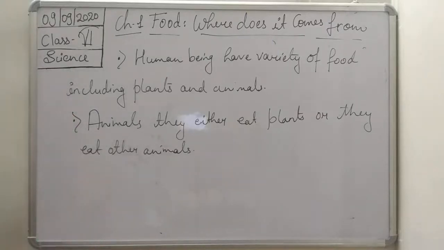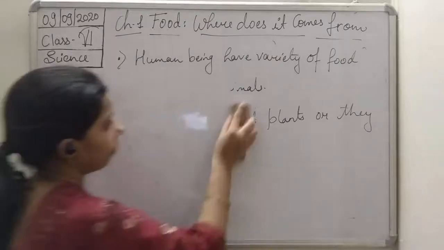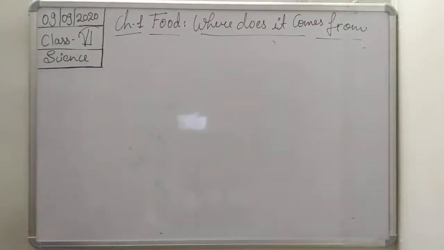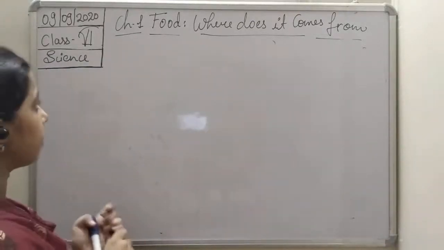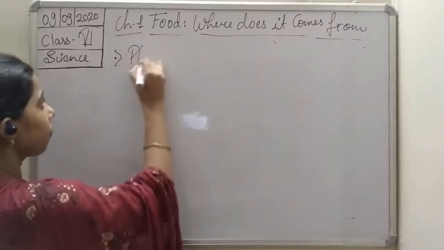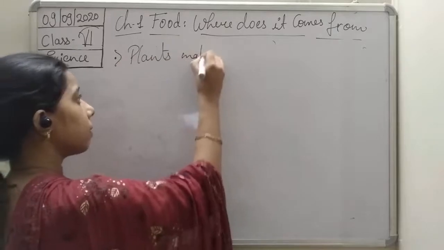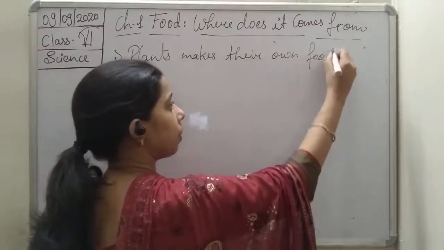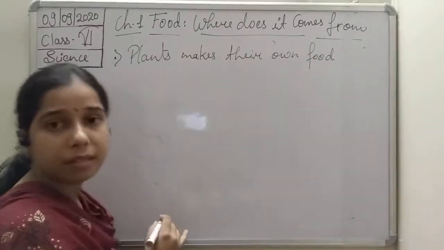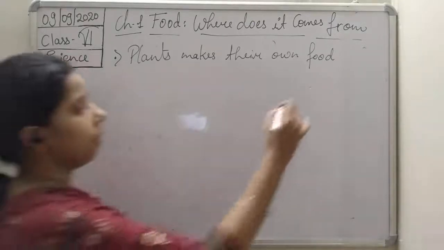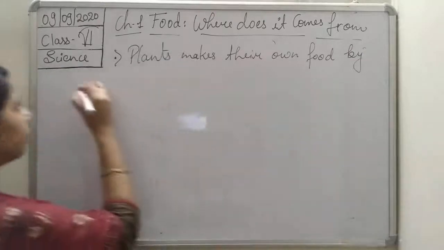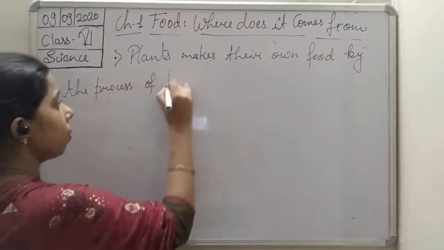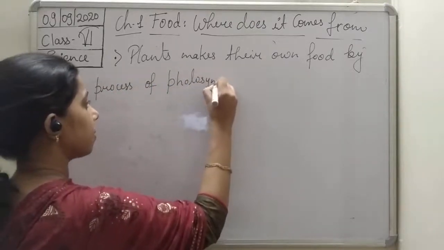Okay, so we will write here: plants make their own food by the process of photosynthesis.